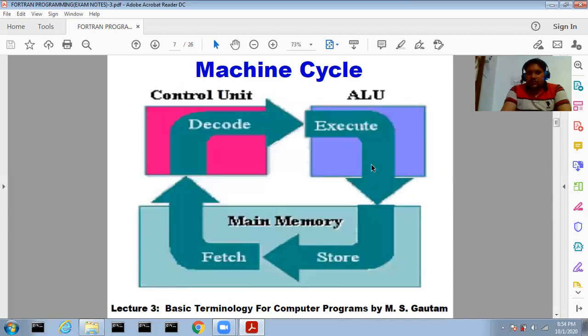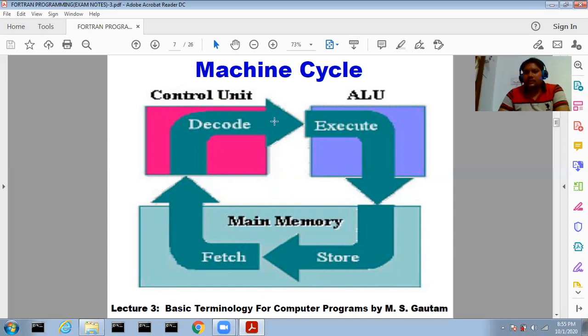This can also be defined by a pictorial representation of the machine cycle, with the control unit, arithmetic logic unit, and main memory. The first step is fetch. That means the computer takes some information from the input section, or from the user. Then this information is decoded into machine language.